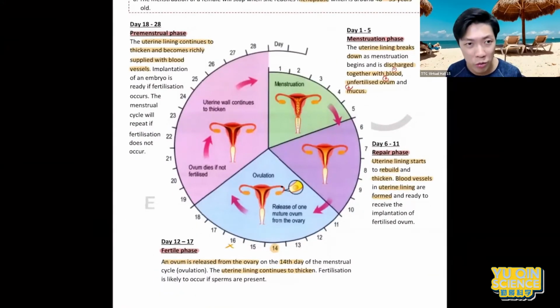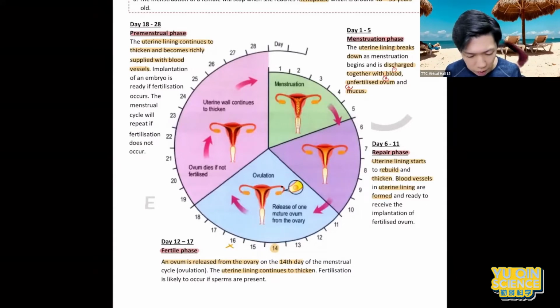First one is the menstrual phase, where everything is flushed down, followed by the repair phase. Repair phase is to repair obviously the thinnest wall that you have, followed by the fertile phase. Fertile phase is where the ovum is produced, followed by the premenstrual phase, where the whole cycle will restart again when the ovum is not fertilized.